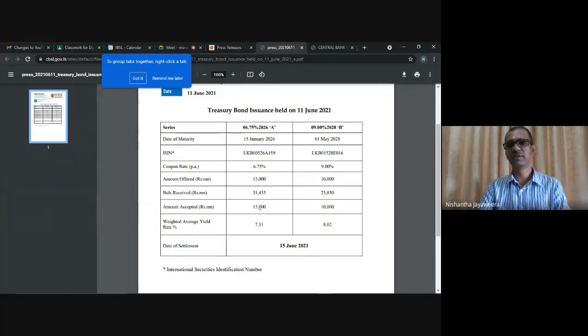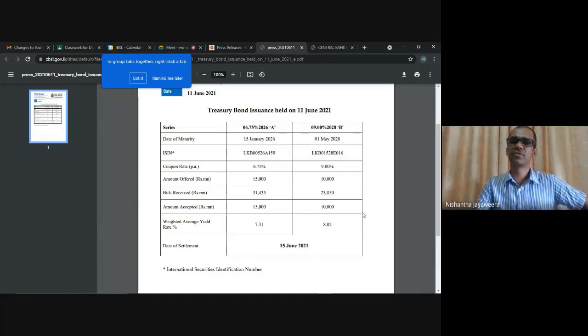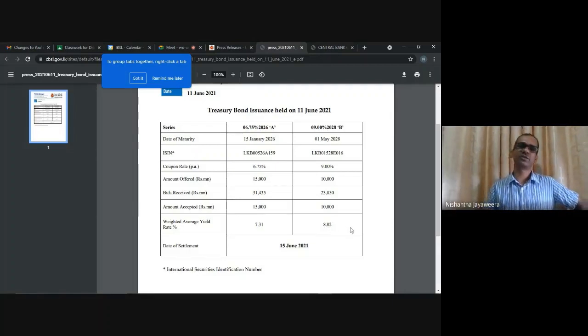So only 15 billion is accepted at a yield of 7.31. For this bond, the 2028 one, 10 billion was offered and almost 24 billion worth of bids were received. Only the amount announced was accepted, at a weighted average yield of 8.02.